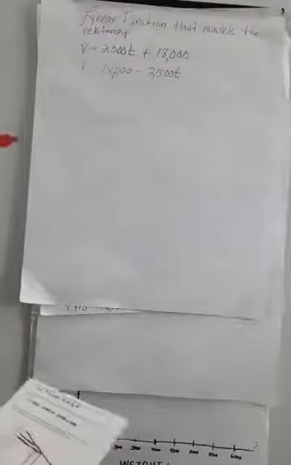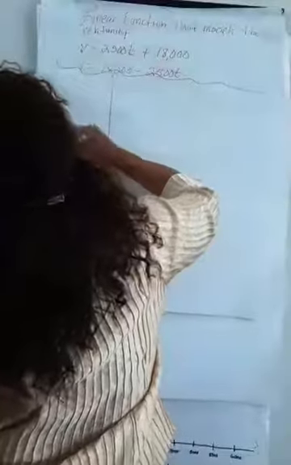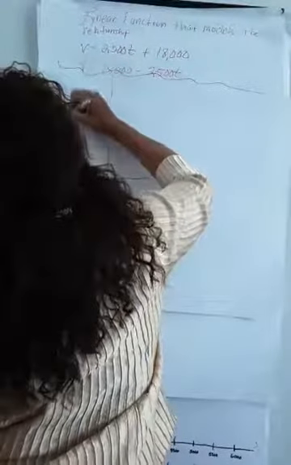Okay, I'm going to try to model this as best as I can, but it's kind of hard to look up here and do this. So you've got a graph. We're talking about an online bookseller. Let's get rid of this. It's not related to that. So cost as sold per day.